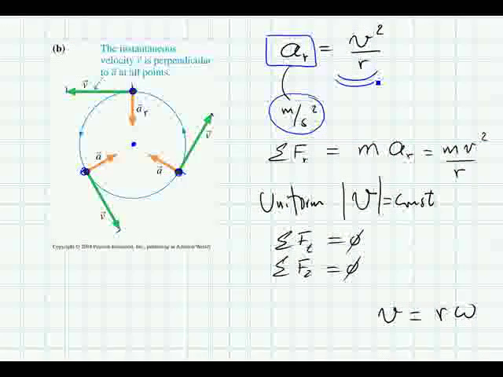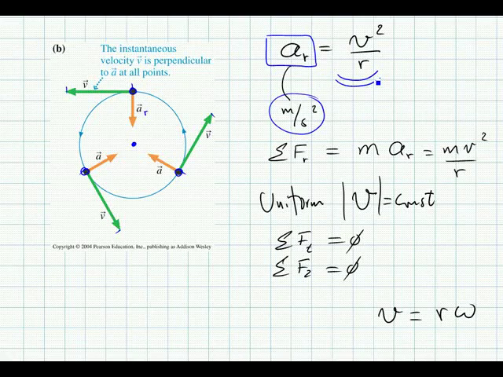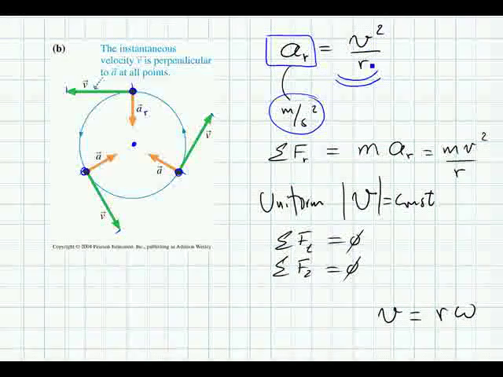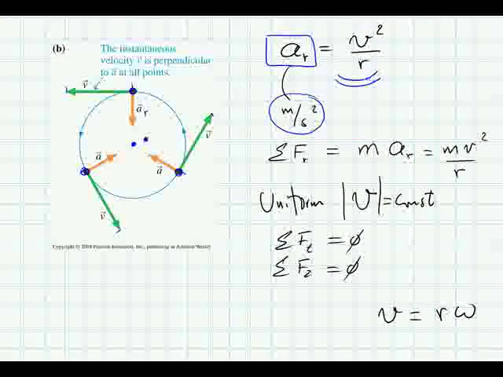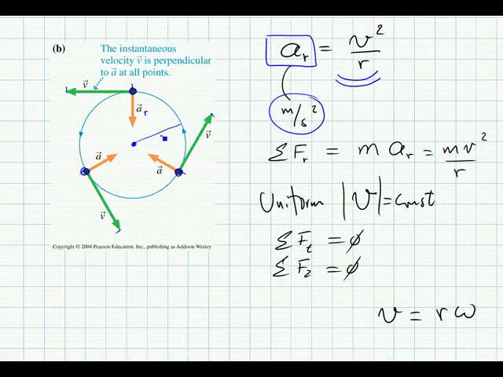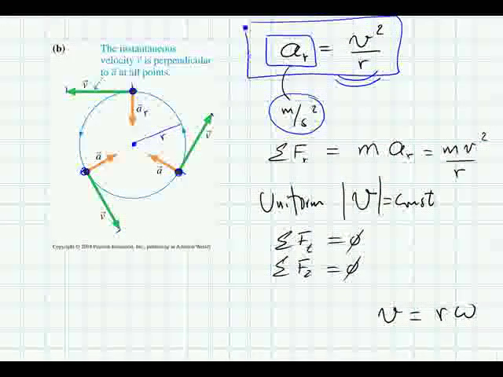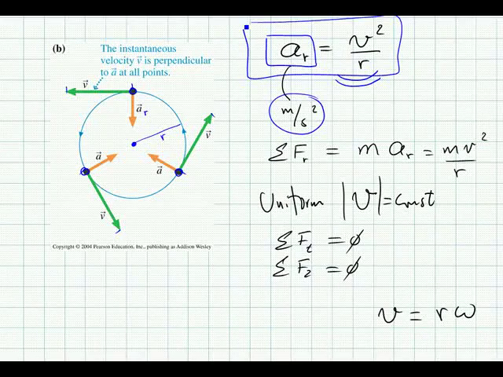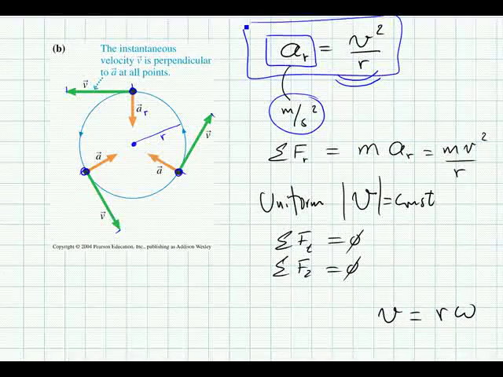So the magnitude of the radial acceleration is equal to the square of the speed of the object divided by r, which is the radius of the circular path. AR is equal to v squared over r. It's a very important relationship for you to remember or have on your equation sheets come exam time.